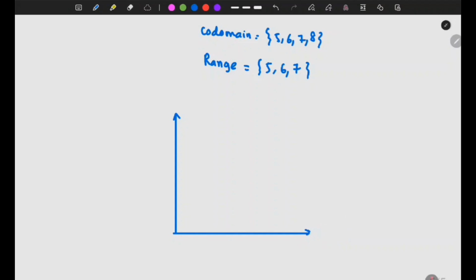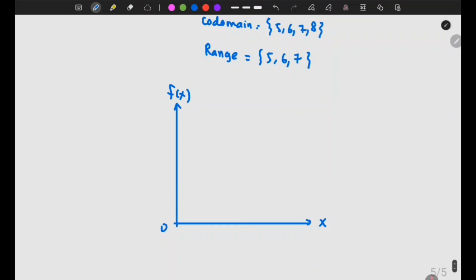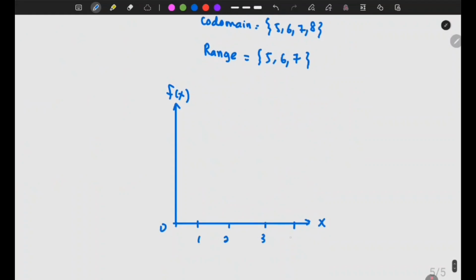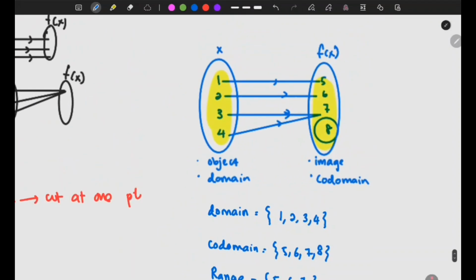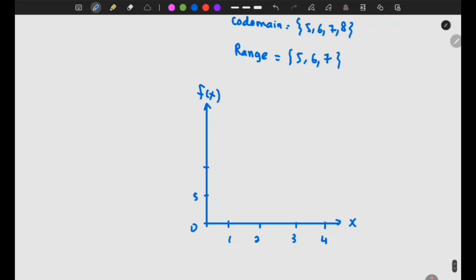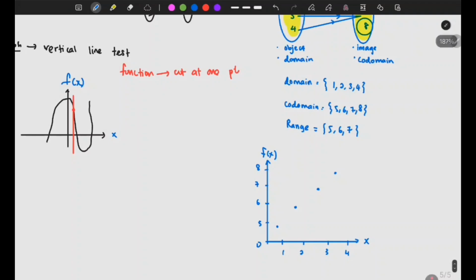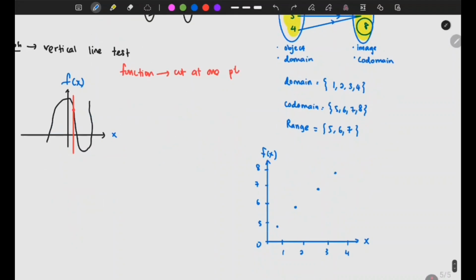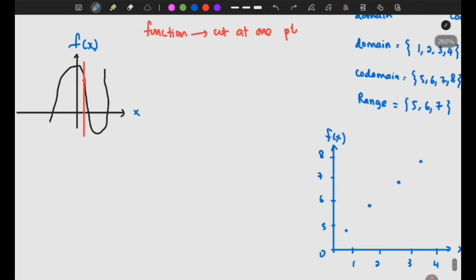Your x-axis is always x, here is fx, 1 2 3 4, 5 6 7 8. So 1 with 5, 2 with 6, 3 with 7, 4 with 8. So you just use a plot, a dot, or sometimes X. So this is another way that you represent it.